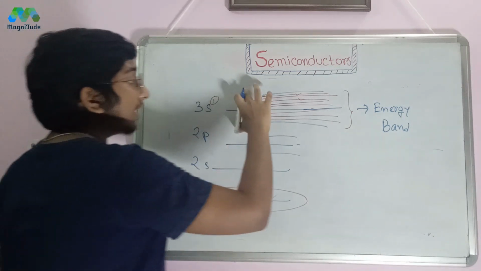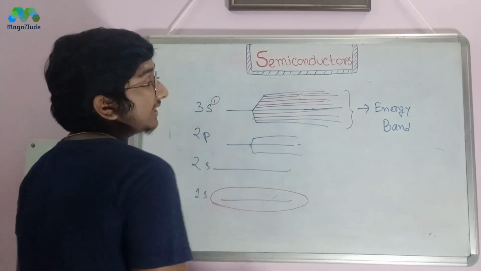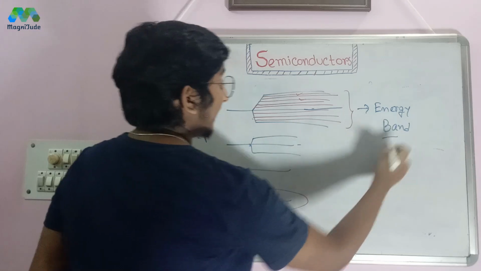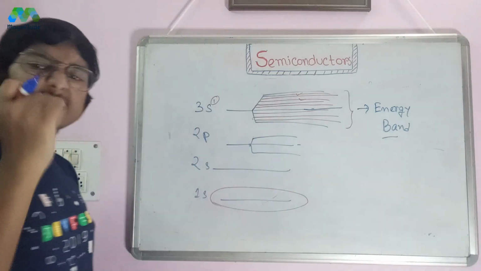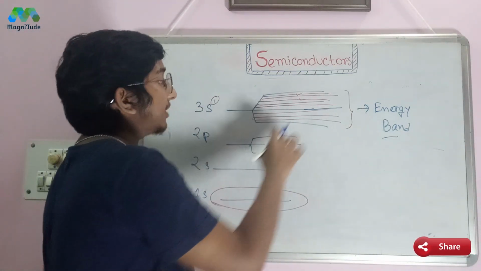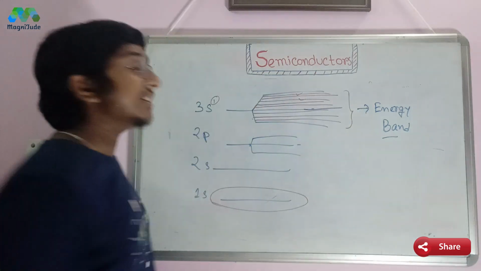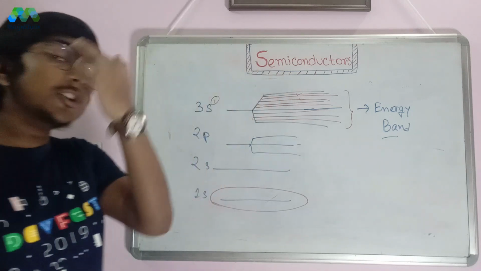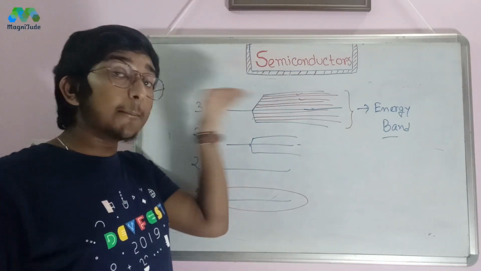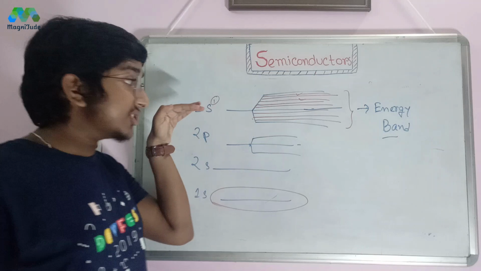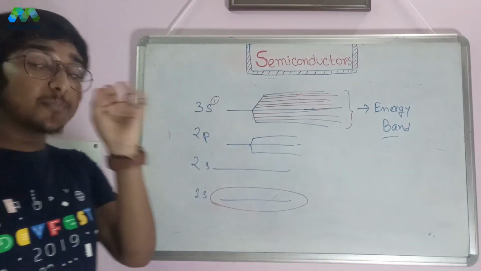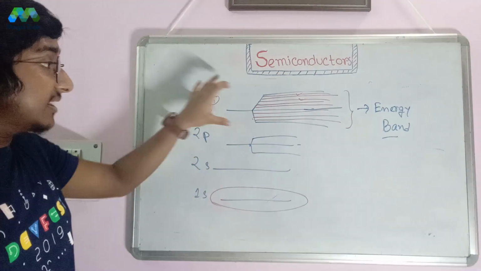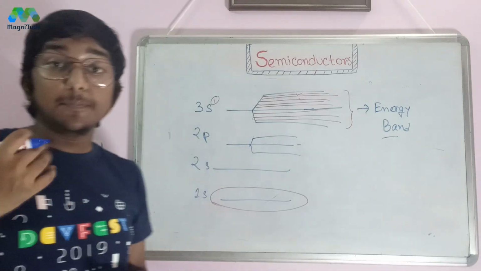But when we look at it like this, it is known as an energy band. There is a very slight gap between each of them, because this total part is within 1 electron volt, and there are more than 10 to the power 23 energy levels. So it is a very small gap between them, and this part is known as an energy band.